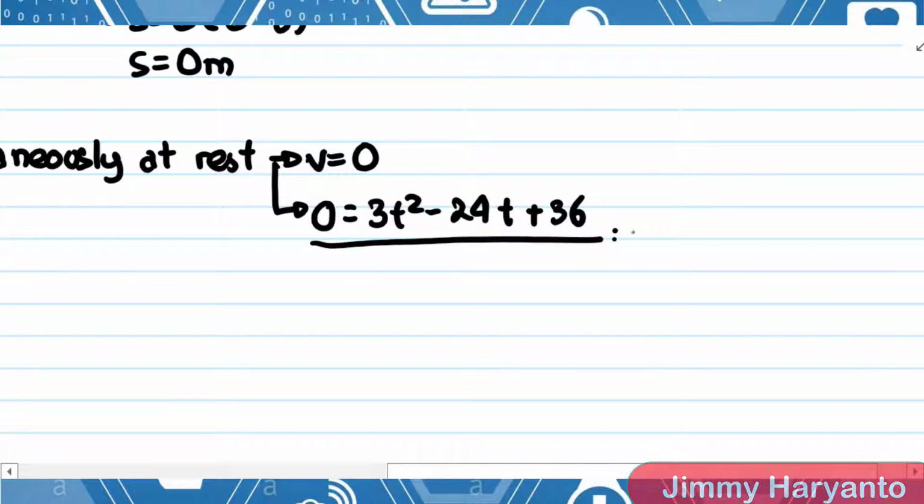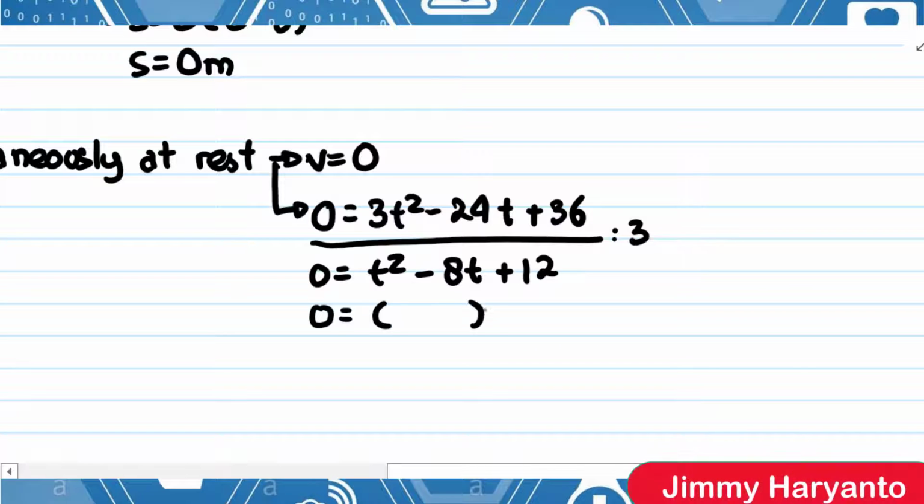So from this one you will have the value of t. I will divide them by 3 first, so 0 equals 3 times (t minus 2) and then (t minus 6), so you will have t equals 2 seconds and also t equals 6 seconds.